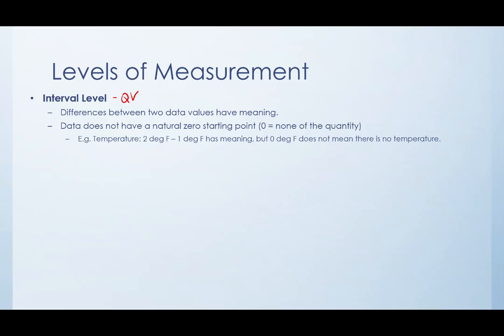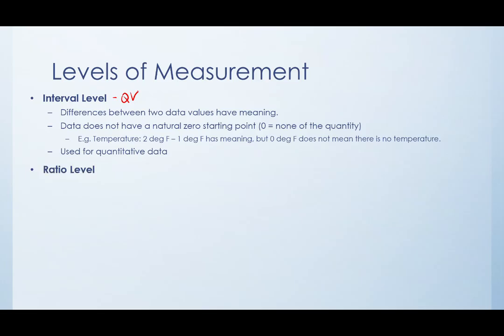So temperature is your primary example of data that would be measured at the interval level, because you can say, the difference between 1 degree Fahrenheit and 2 degrees Fahrenheit has meaning, has scientific meaning, but 0 degrees Fahrenheit does not mean an absence of temperature, right? It's kind of an arbitrary 0.